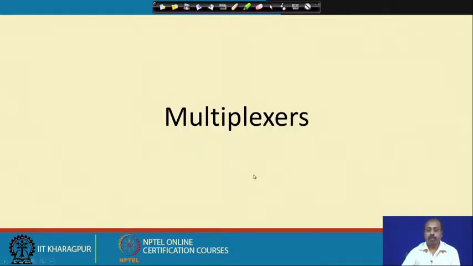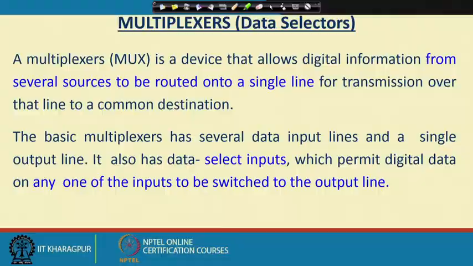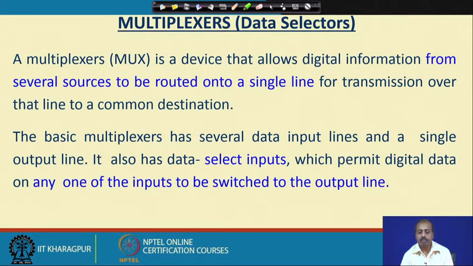Next, we look into another fundamental circuit element which is known as the multiplexer. Multiplexers are also called data selectors. A multiplexer is a device that allows digital information from several sources to be routed onto a single line for transmission, or over that line to a common destination.